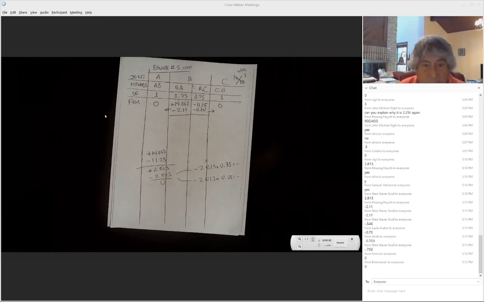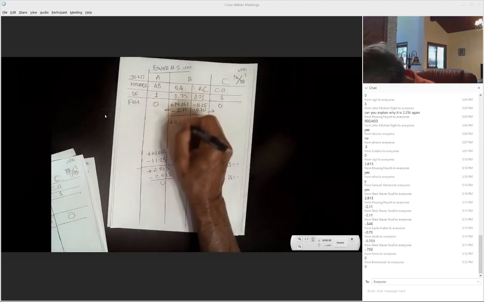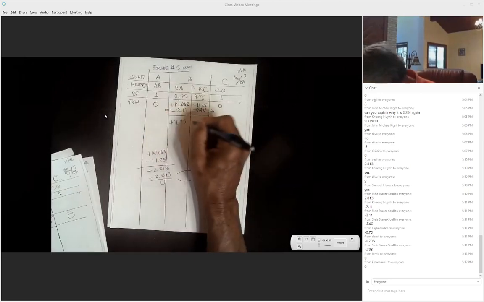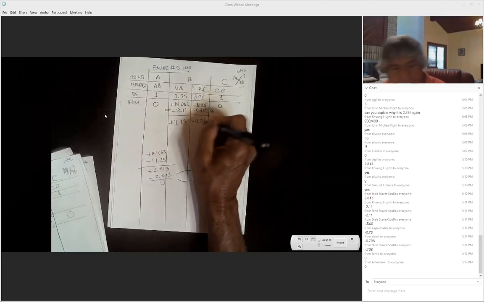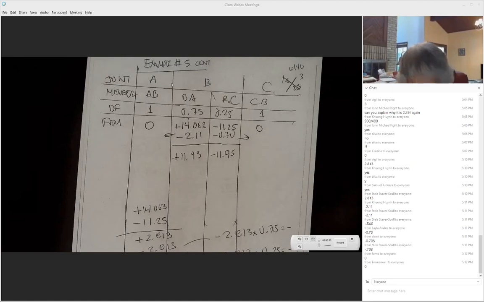We're done. So we assign the moment. This comes up plus 11.95, minus 11.9. So this is the end of the difficult problem. You have solved a difficult frame in one line. Any questions about it?